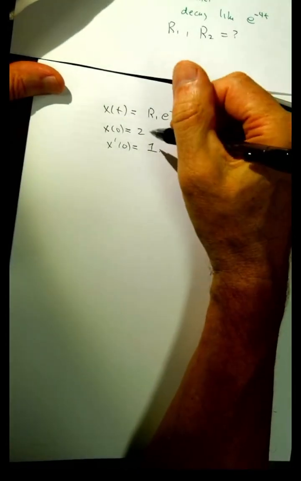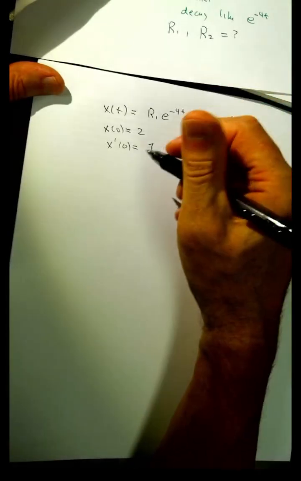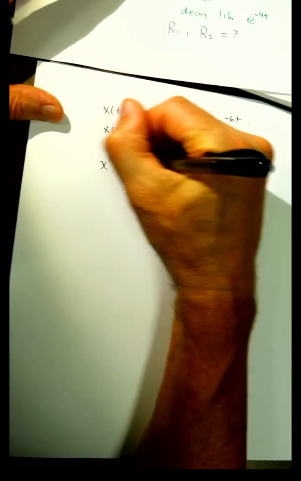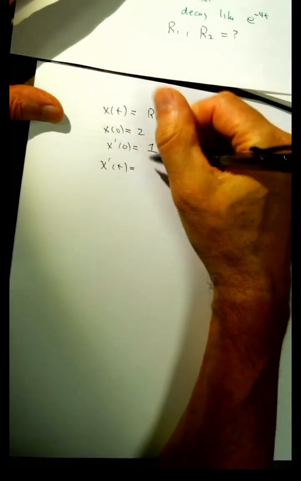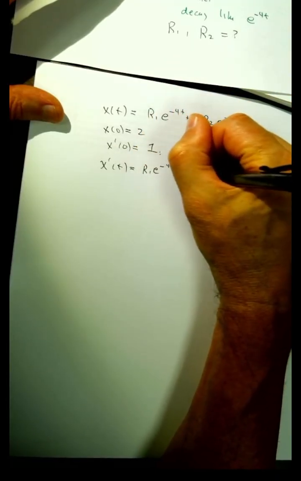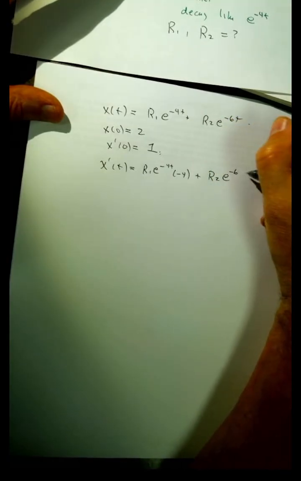I'm going to plug t equals 0 into this equation, and then take the derivative and plug in t equals 0. The derivative of e^(-4t) is e^(-4t) times -4, and the derivative of e^(-6t) is e^(-6t) times -6.